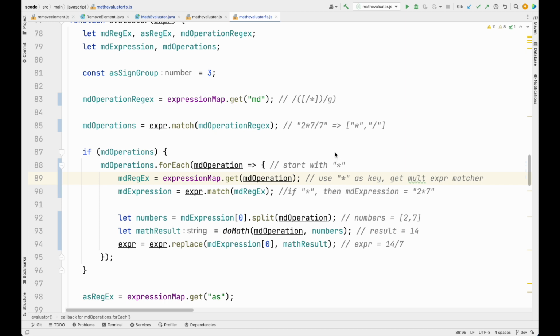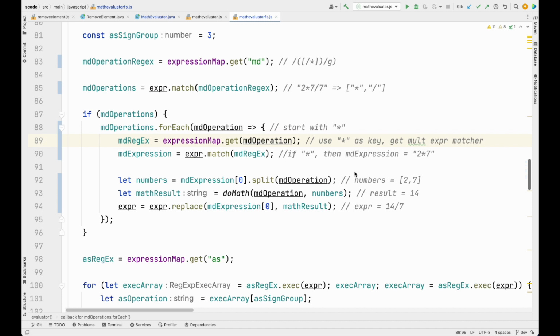And what we're expecting back is an array of multiplication and division signs in order. So for example, if our expression is 2 times 7 divided by 7, then we're going to get back an array of a multiplication sign and a division sign in the same exact order as the expression.